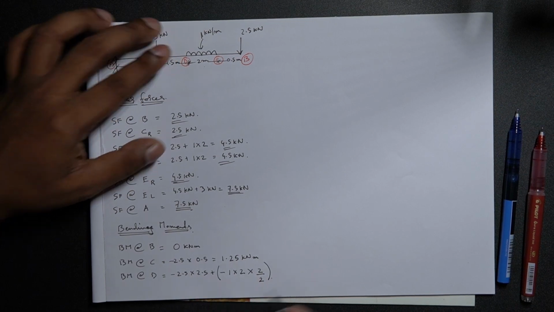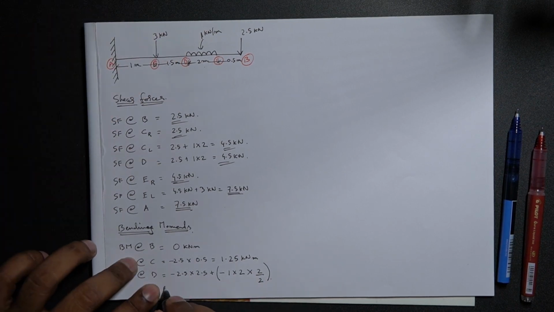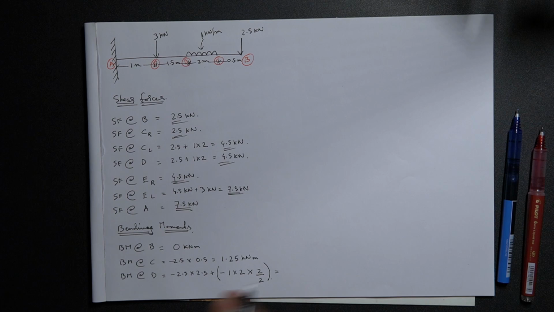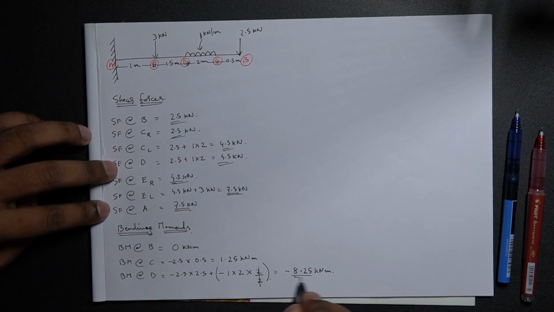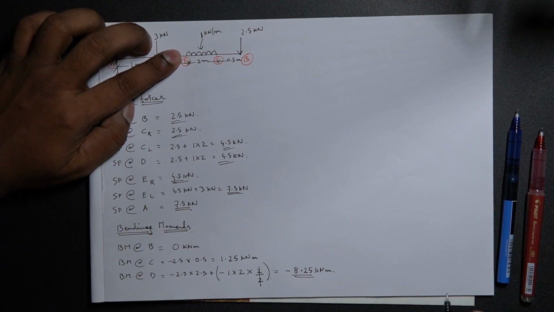On the whole, we get the total value as 2.5 times 2.5, and summing up to 0.825 kilonewton meter. This is the bending moment at point D.